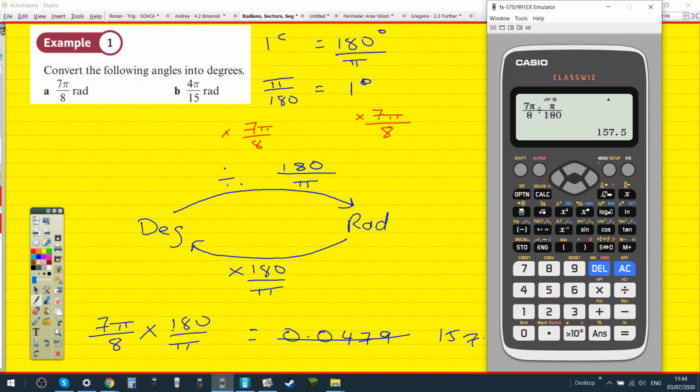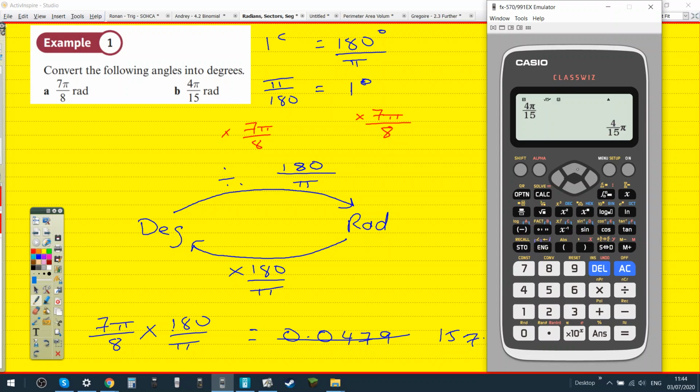Calculator. I'll just do a simple one. Shift setup, angle unit. I change to radians. And if I do 4 shift pi over 15, I get 4 pi over 15.